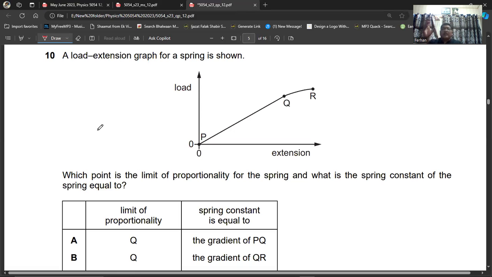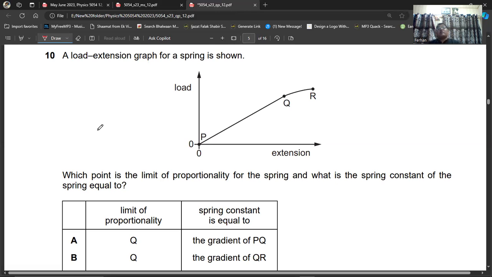So up till the point where the load and the extension are directly proportional, up till the point where the graph is a straight, inclined line, the point after which the graph becomes a curve is called the limit of proportionality.